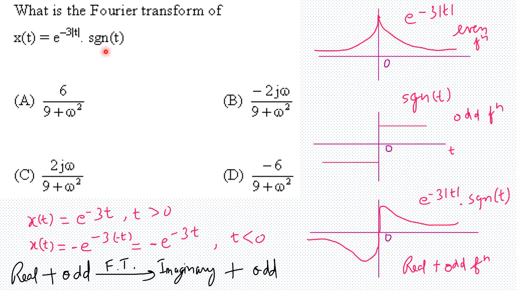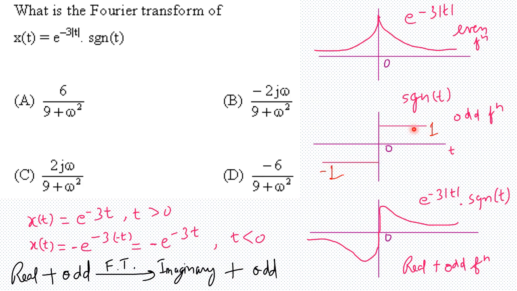Now the other signal is signum of t, which is equal to 1 when t is more than 0, and it is equal to minus 1 when t is less than 0, and it is 0 at t equal to 0. So it's an odd function, because when you put minus t, the magnitude also changes to negative.